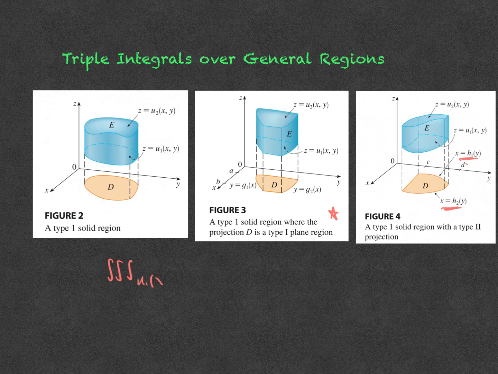This is our u1 in terms of xy, it's an equation, to u2 in terms of xy, of f of xyz, with respect to z, and then we have dA. So technically, this is the one we're putting in the middle. In order to find it, we start with our integral with respect to z. This is for figure 3 here.